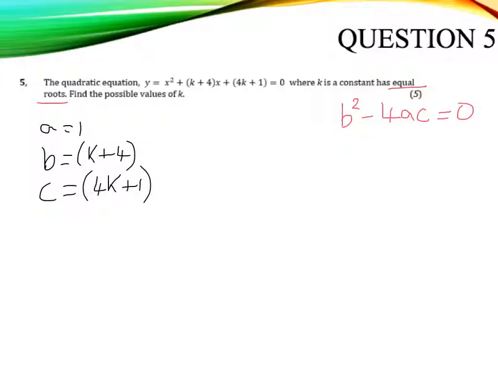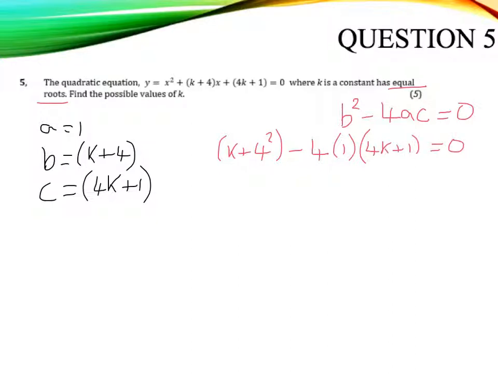Okay, now I'm going to start substituting these values into my discriminant function. So I've got b squared, which is (k plus 4) squared, minus 4 multiplied by 1 multiplied by c, which in this case is (4k plus 1), and this is going to equal 0.